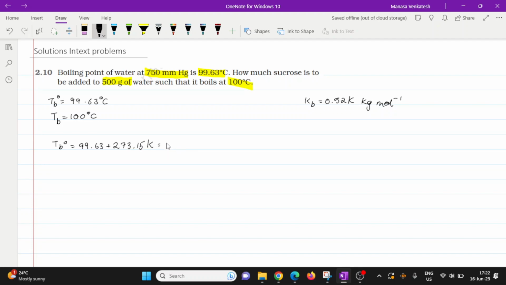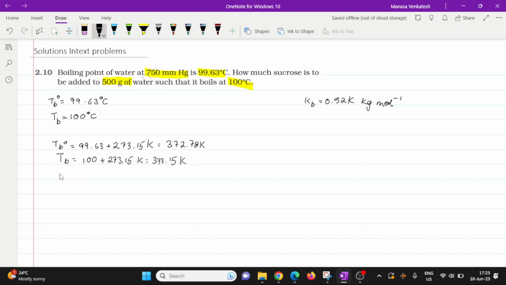So that is equal to 372.78 Kelvin. TB equals 100 plus 273.15 Kelvin. That's equal to 373.15 Kelvin. Now you might be wondering, okay, what are we going to do next?